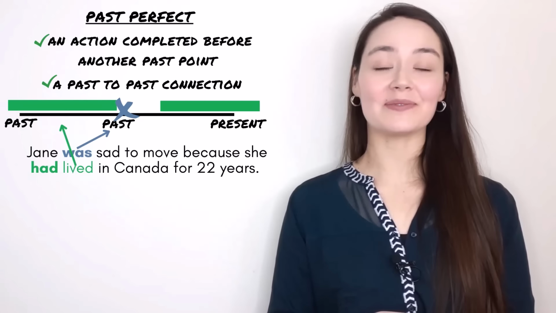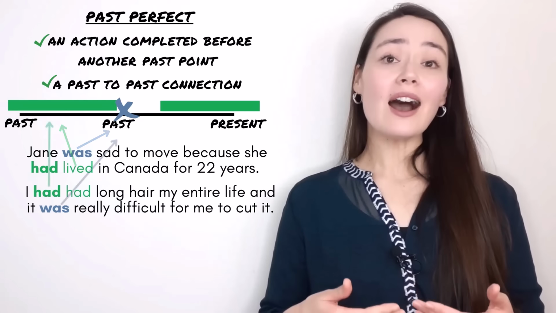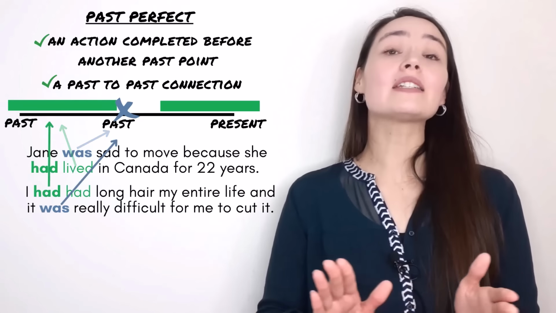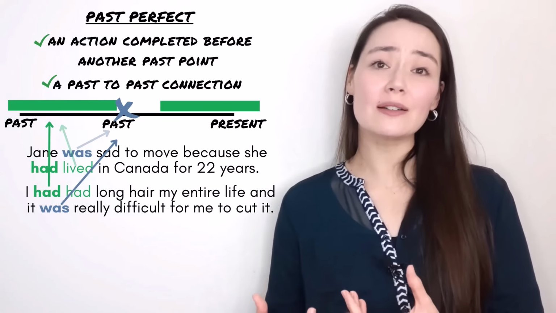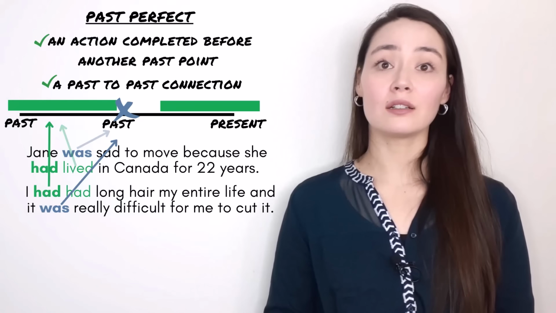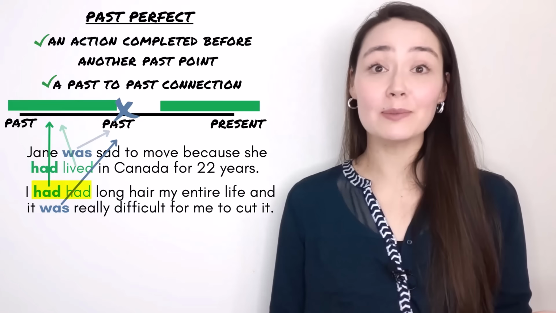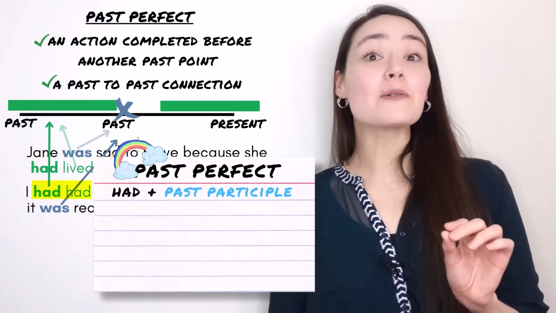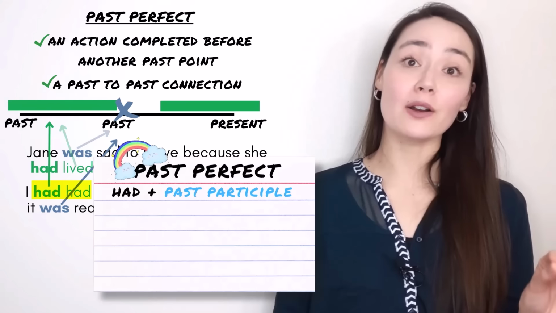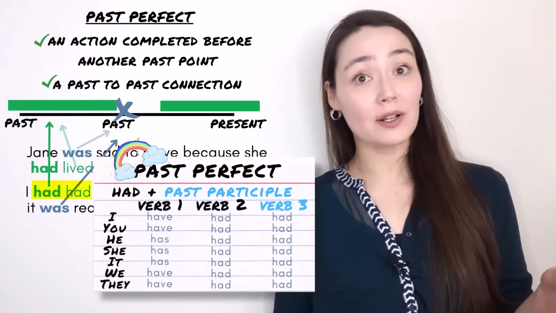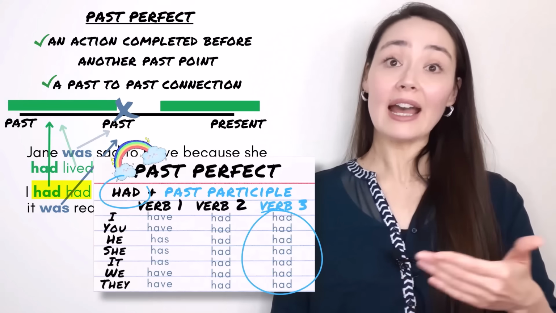Past to past connection. I had had long hair my entire life and it was really difficult for me to cut it. Had? Is that possible? Yes. Remember, the past perfect is had plus past participle. What's the past participle of have? Had. Had.